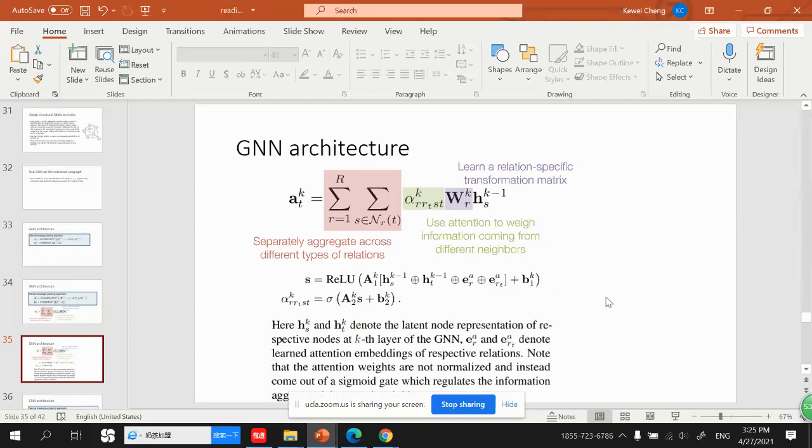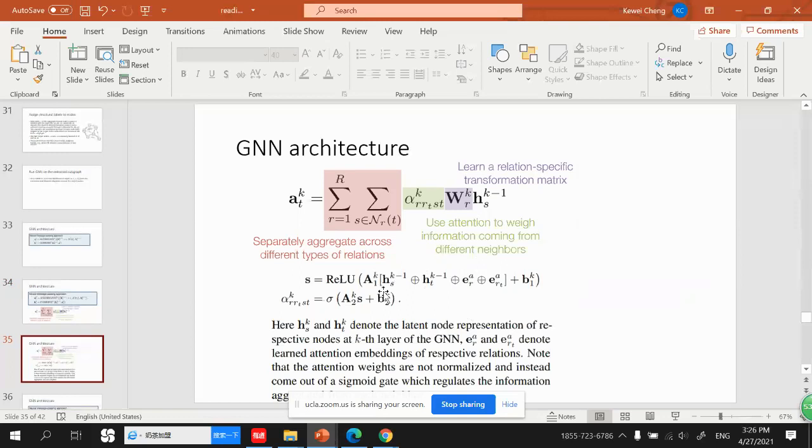So the idea here is that we would like to learn attention to weight information coming from different neighbors, and as we know, this attention is trying to distinguish different neighbors regarding different target nodes, connected by different relations.